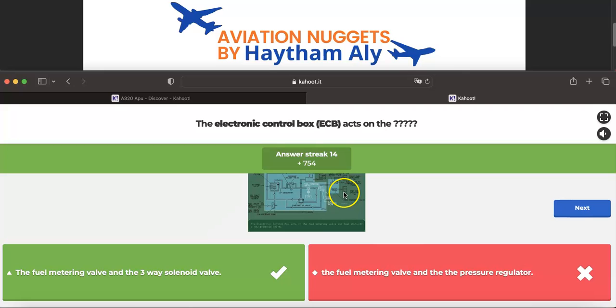We have here pilot injectors and the main injectors. Pilot injectors open in case of APU starting, and in on-speed operation, the main injectors will also be supplied. So the electronic control box acts on the fuel metering valve and the three-way solenoid valve located in the fuel control unit.